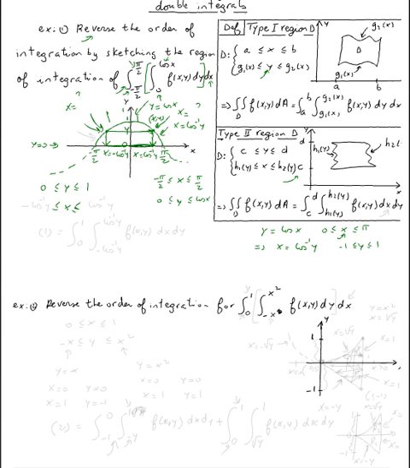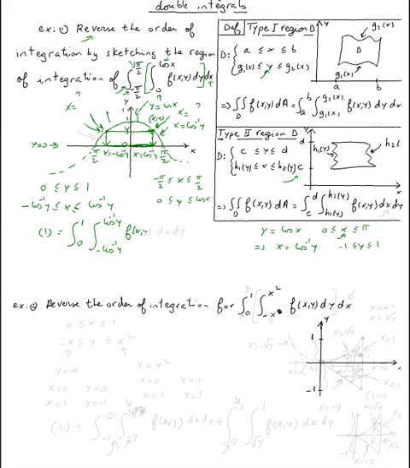So my x is going to go from negative cosine inverse of y to cosine inverse of y.